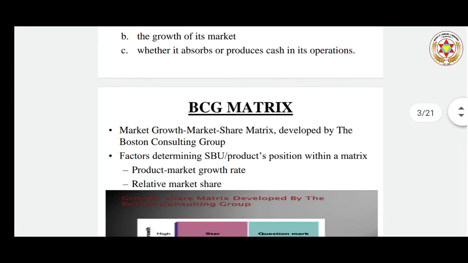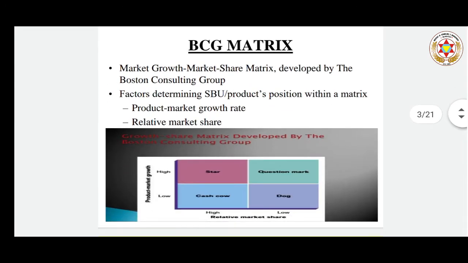Let us start with the BCG matrix. It is also referred to as the growth share matrix, and it is a popular growth portfolio management tool. It is basically a comparative analysis of business potentials and the evaluation of the environment. It helps companies allocate resources. To be successful, a company could have a portfolio of products with different growth rates and different market shares.